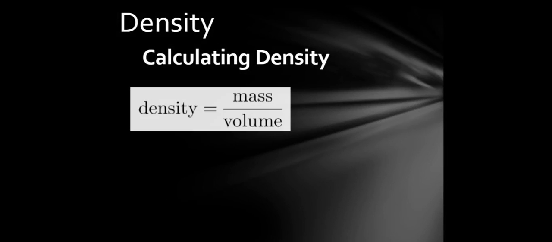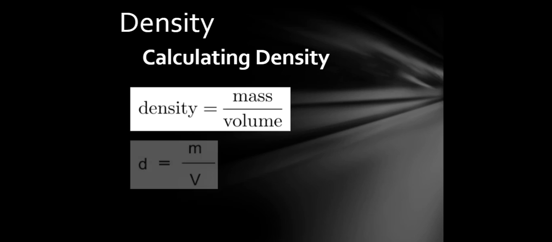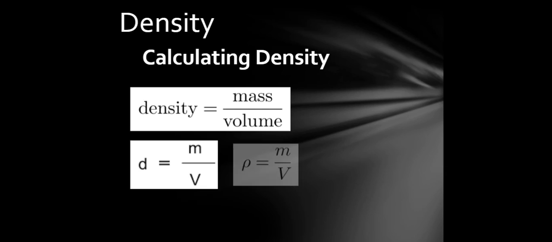Okay. In order to calculate density, again, you have to know mass and volume. And so you divide the mass by the volume. So we get D equals M over V. But density has a special variable, a Greek letter rho, and that is this thing that looks kind of like a P. It's a Greek letter rho, R-H-O, and it stands for density.